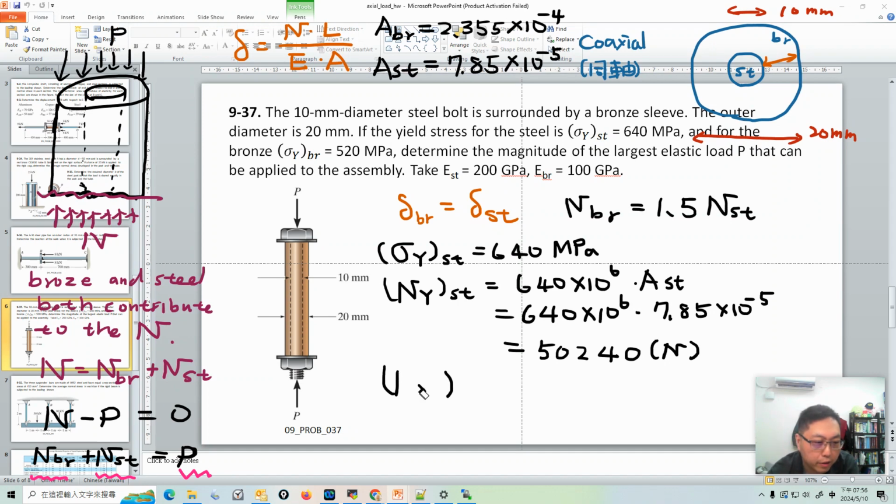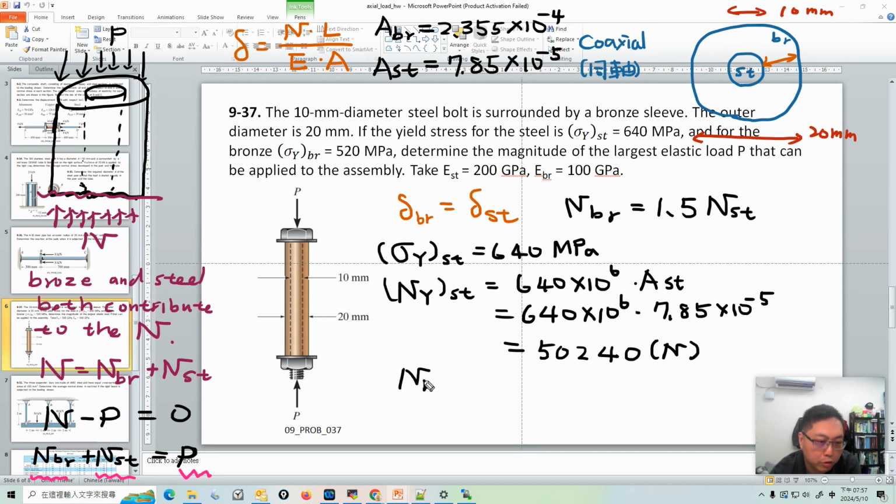If we test the steel at the yield stress with this geometry, the steel part will have 50240 Newton normal force, and then we put it back into this equation.